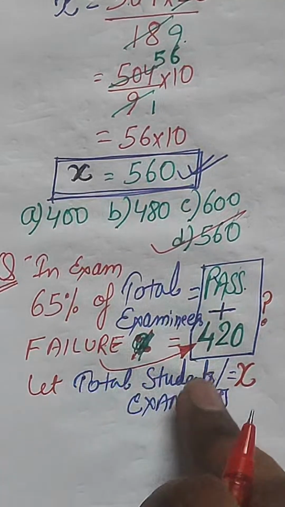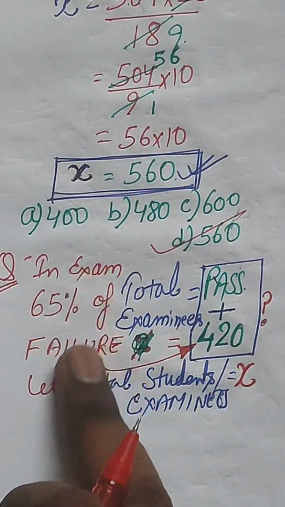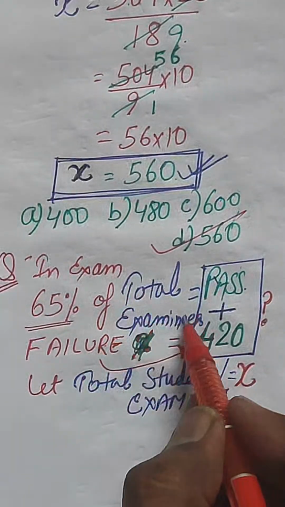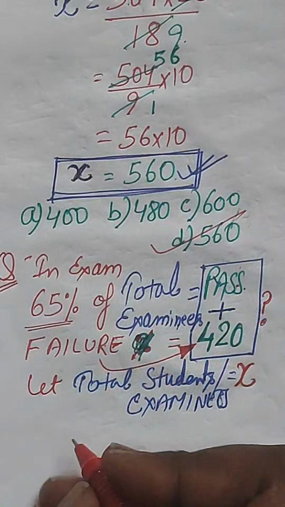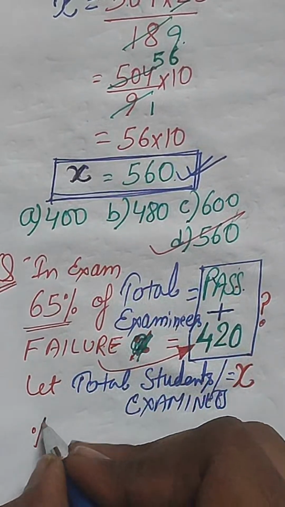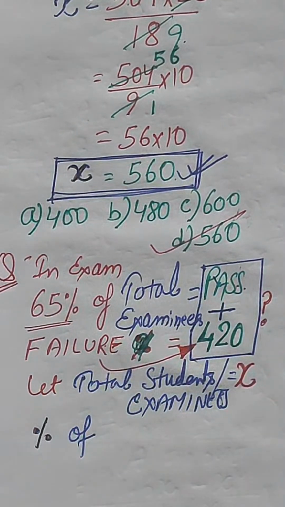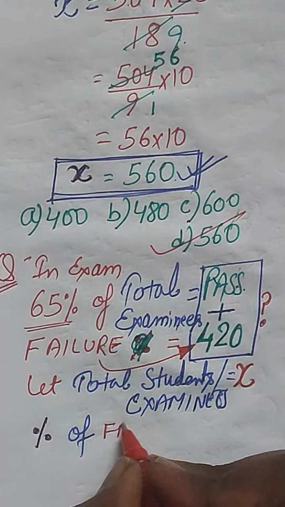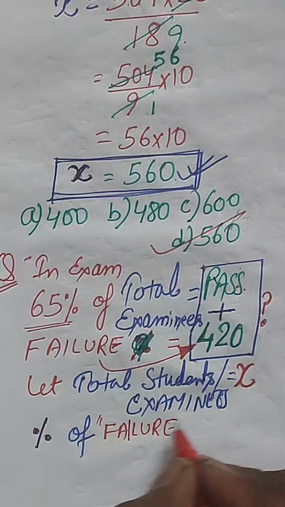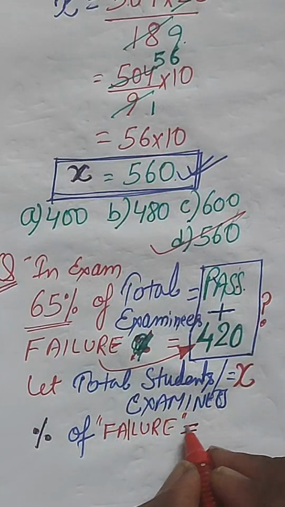If the total students is X, then in examination 65% of total examinees pass. That means what is the percentage of failure students? The percentage of failure is definitely, all the students, the total percentage is always 100.